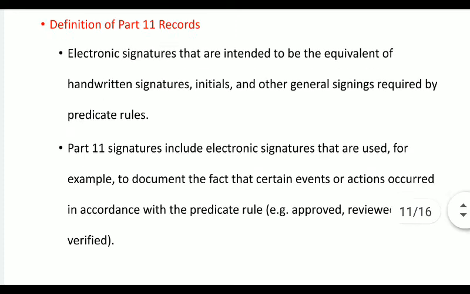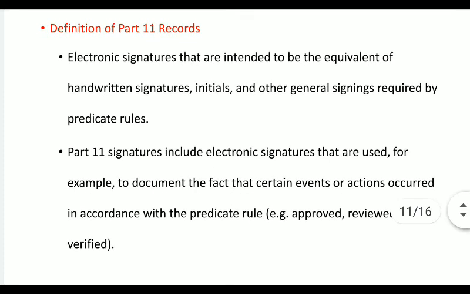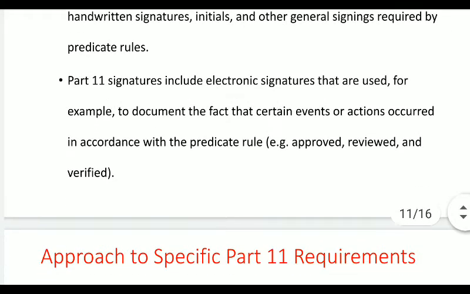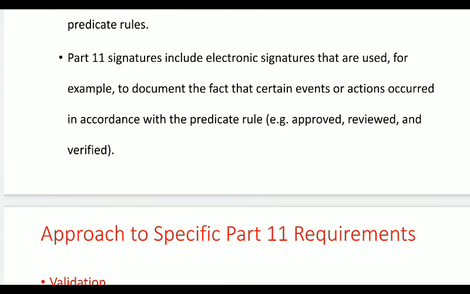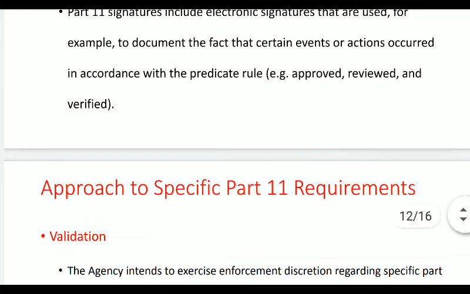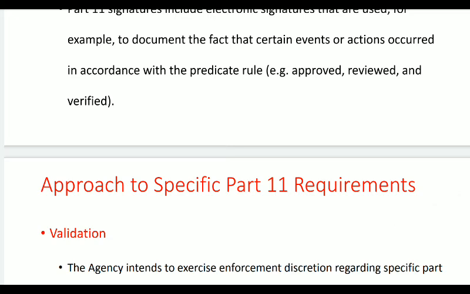So if such signatures are submitted in electronic form, they can be considered as a record as per the Part 11 guidance. Part 11 signatures include electronic signatures that are used, for example, to document the fact that certain events or actions occurred in accordance with the predicate rule.